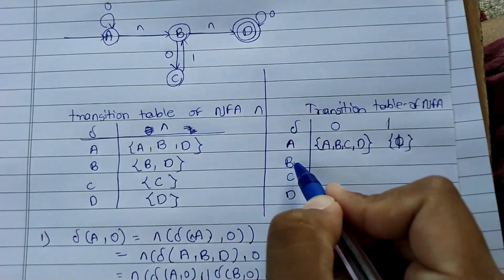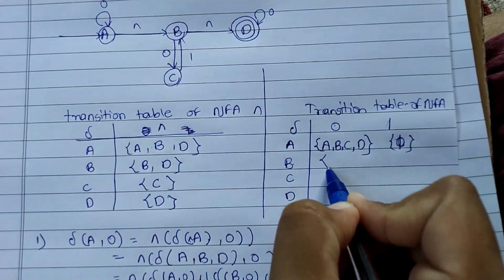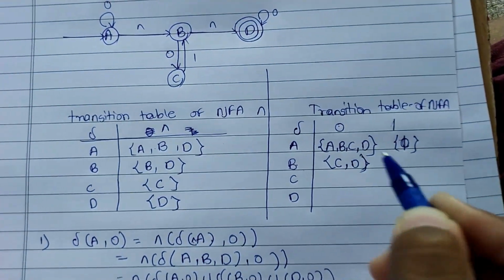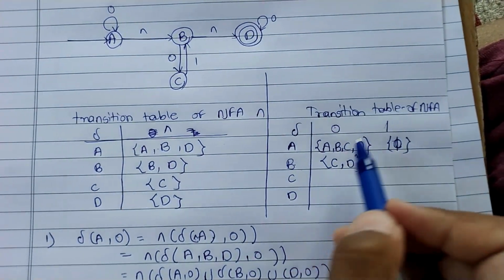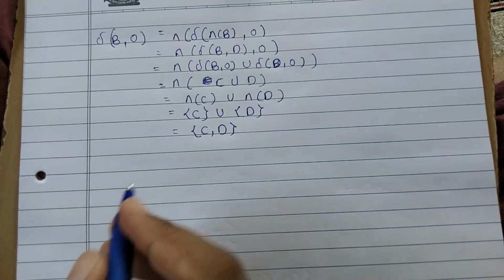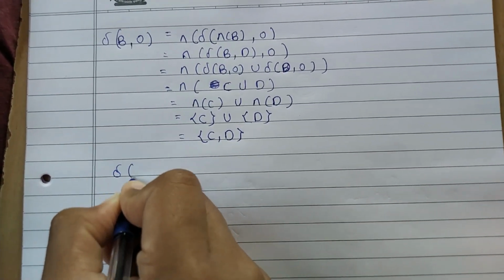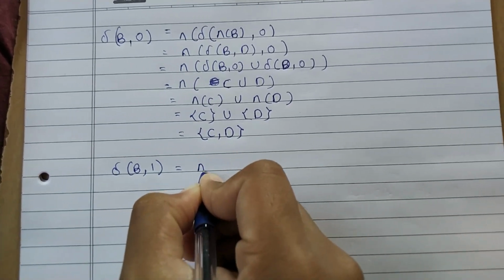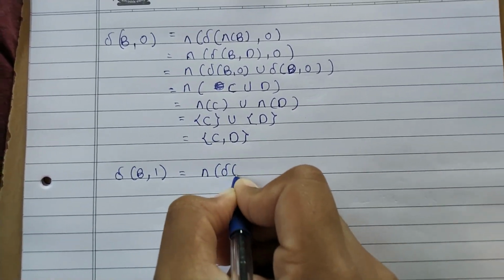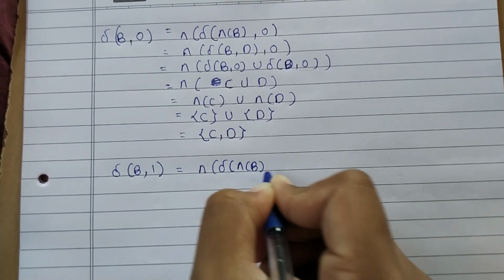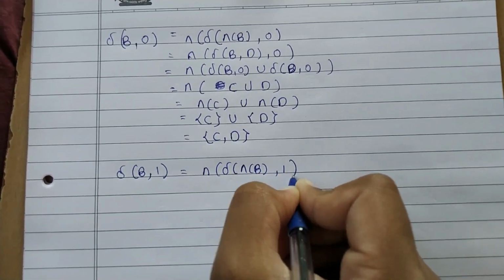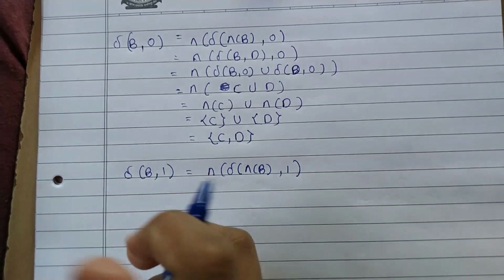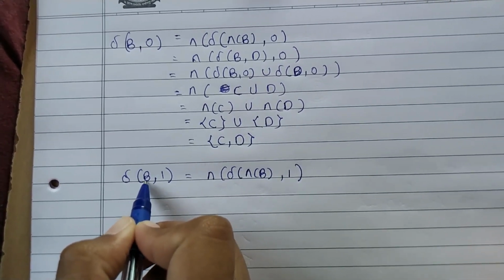So we write here B reads 0 in C and D. Now we see B comma 1. Now delta of B comma 1 is again nothing but null of delta of null B comma 1. What we did: first we give the null value for this whole bracket and then a separate null for this B state.